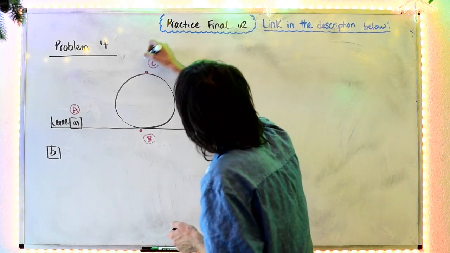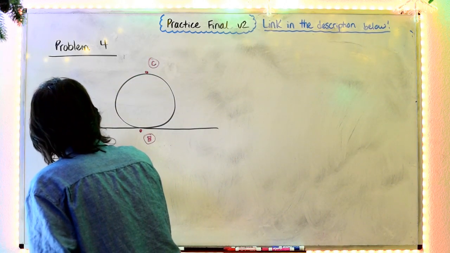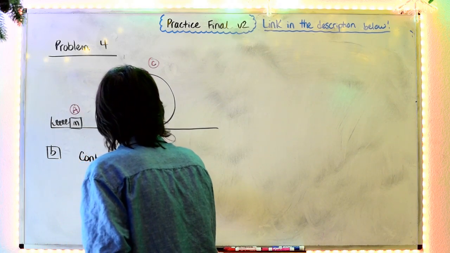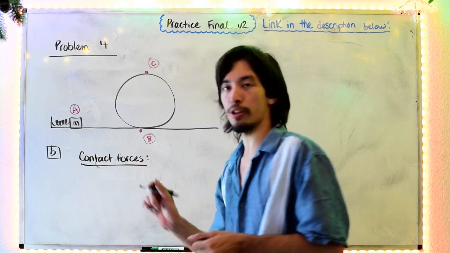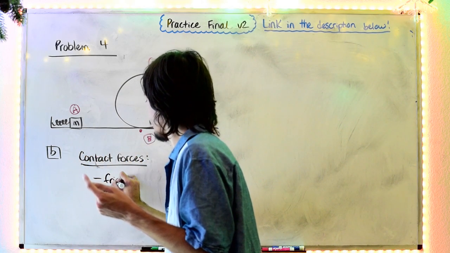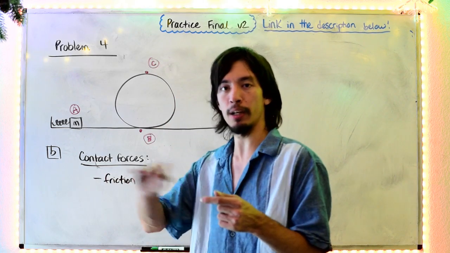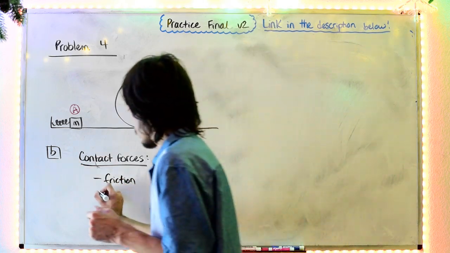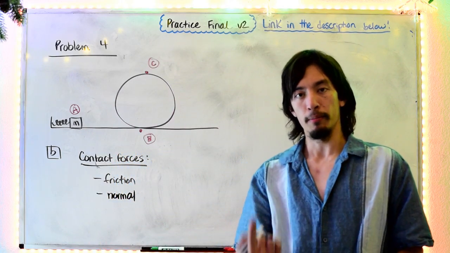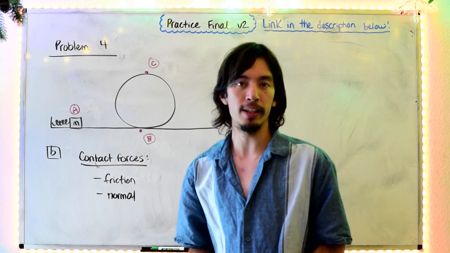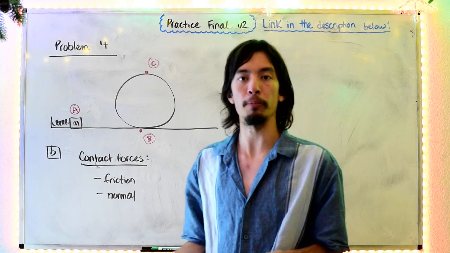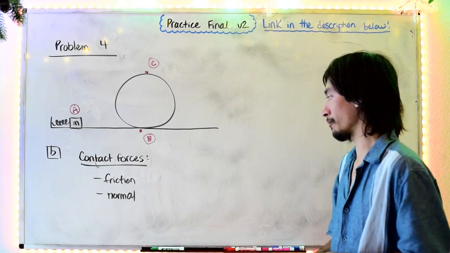At this point C, there are certain contact forces, and our two contact forces are going to be friction, which acts parallel to the surface, and the normal force, which acts perpendicular to the surface. The term they use in mathematics a lot is the word normal. Normal is a synonym for perpendicular, so it is the perpendicular force.